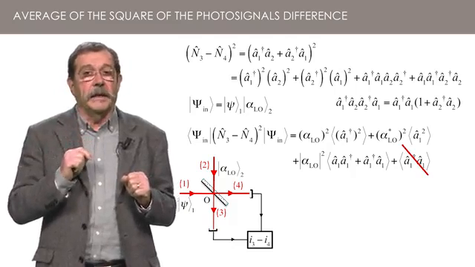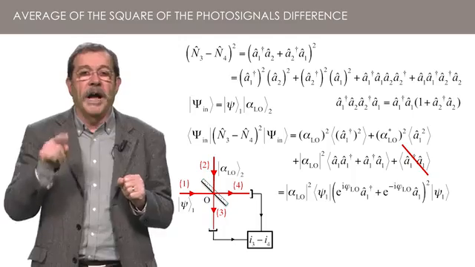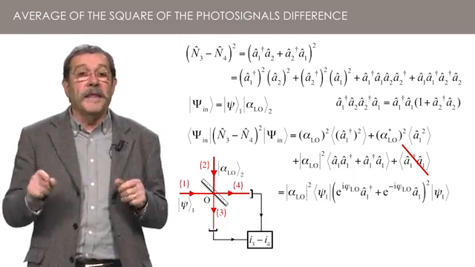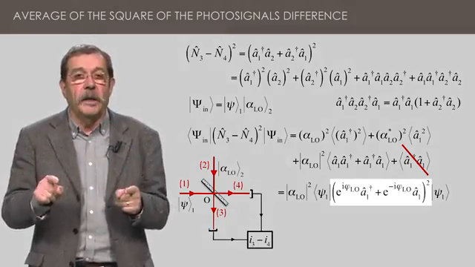It is interesting to rewrite the formula using the expression of the complex number alpha LO. One then has the average of the square of the Hermitian operator already introduced.